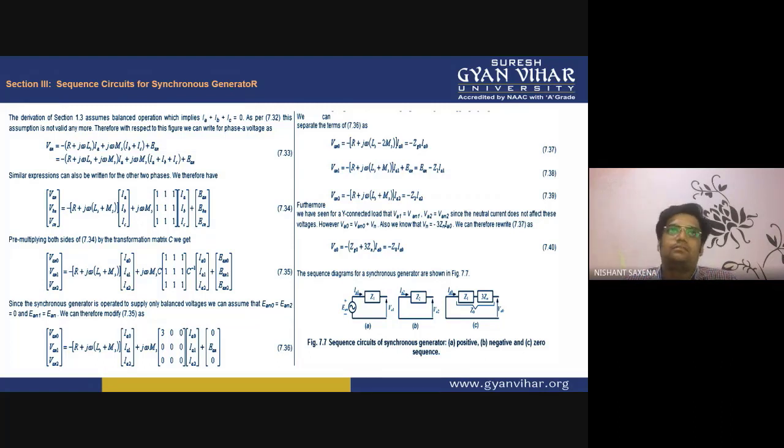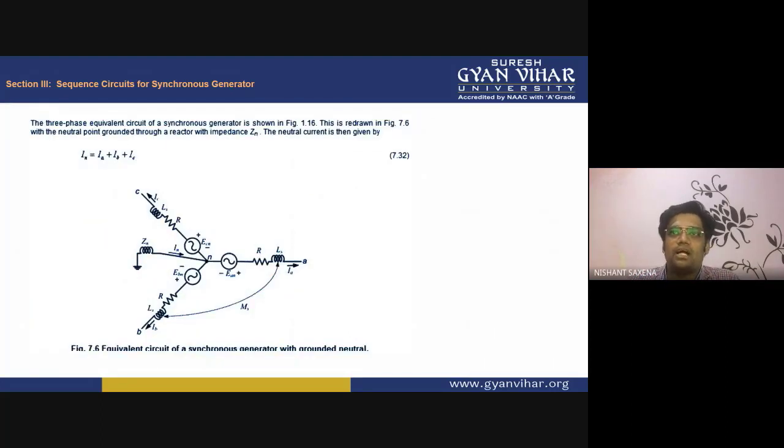In this case, with respect to this figure, we can write the phase voltages as Van is equal to R plus j omega Ls for phase A, plus the mutual effect of the two windings as well.